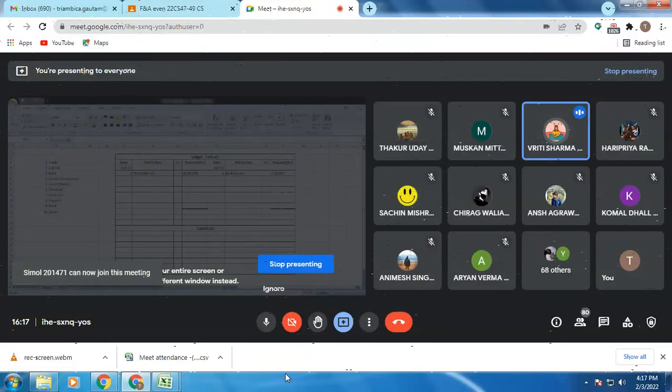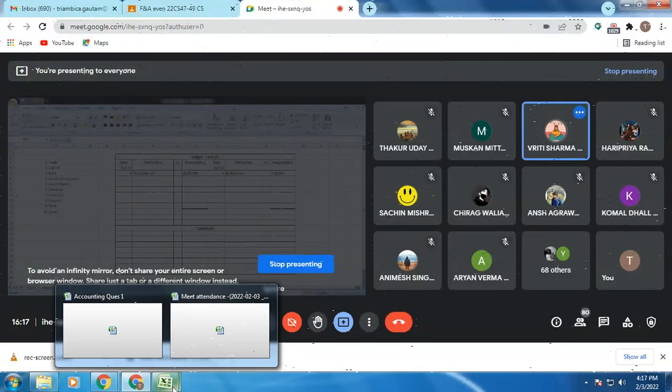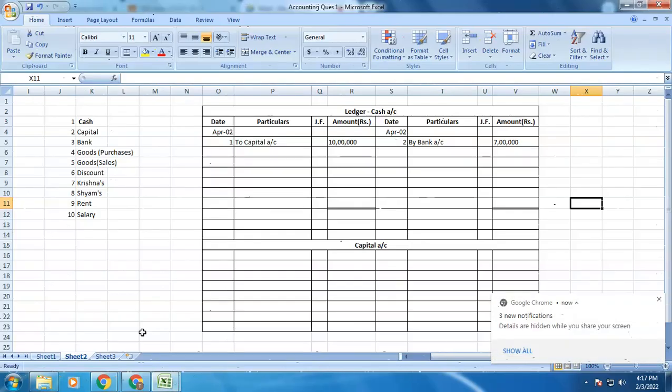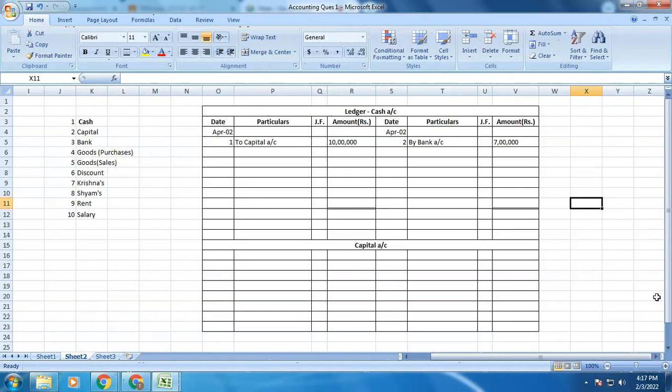Third entry is goods purchases account to cash. Goods purchases account debited to cash, right? This is on the third. Yes, ma'am.